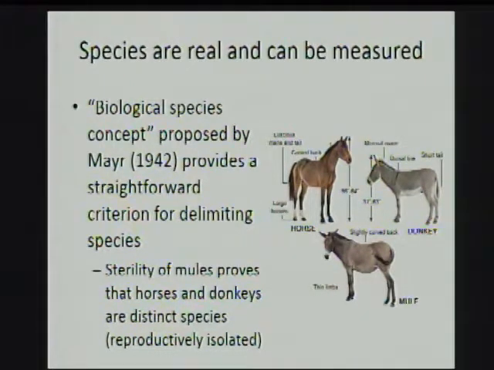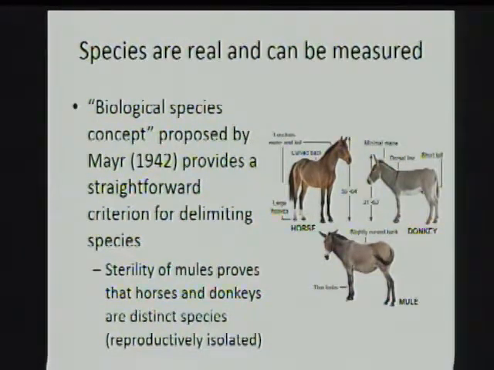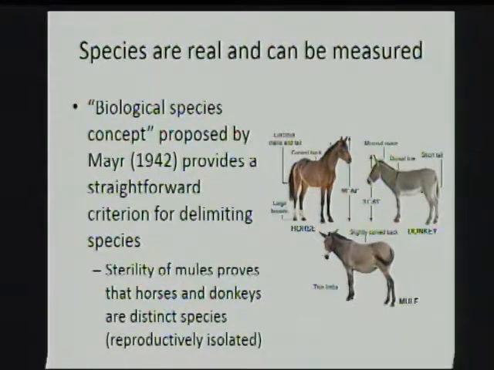Imagine, though, if that mule could asexually reproduce. And so, yeah, it can't go back and mate with the horse or the donkey, but it's still around. You see it. It's out there in nature. You may encounter it. You have to give it a name. And let's imagine that, even more complicated, the horse and the donkey can mate with each other, and they can produce a whole host of different hybrid offspring, what we would call a hybrid swarm.